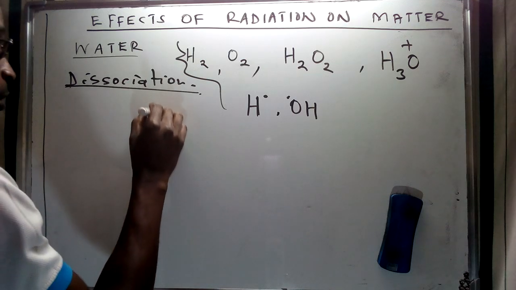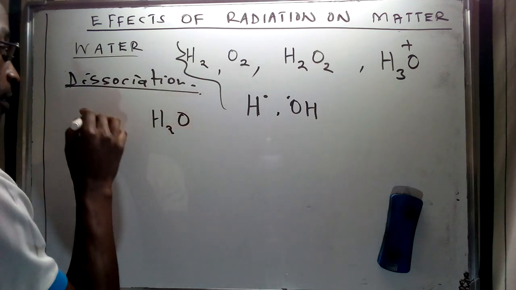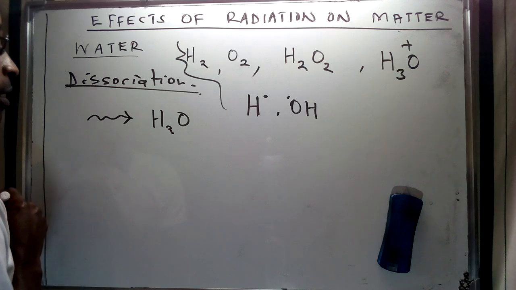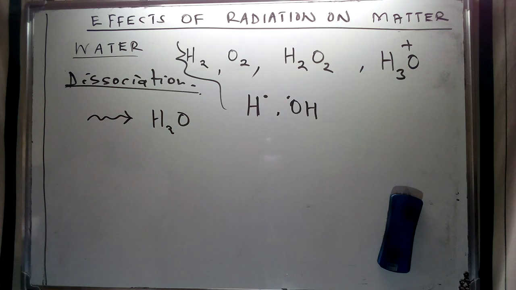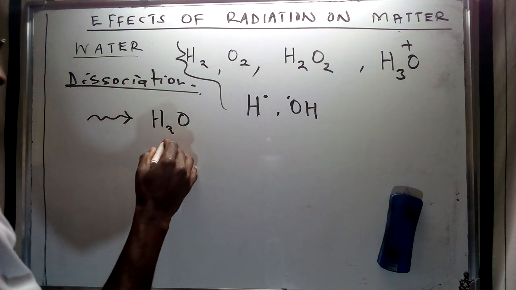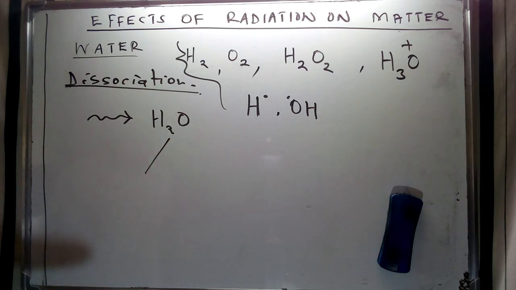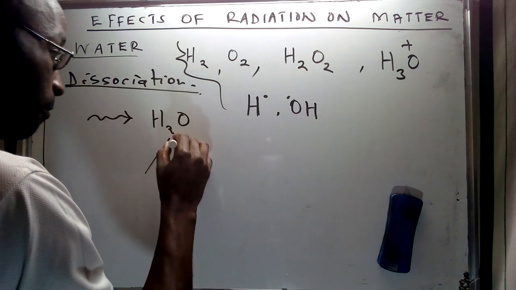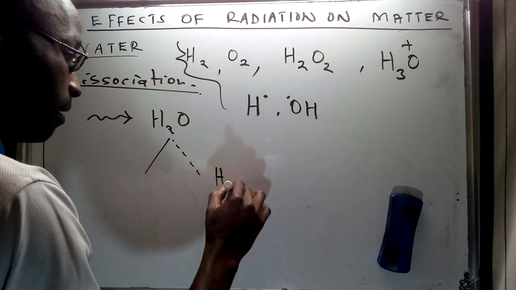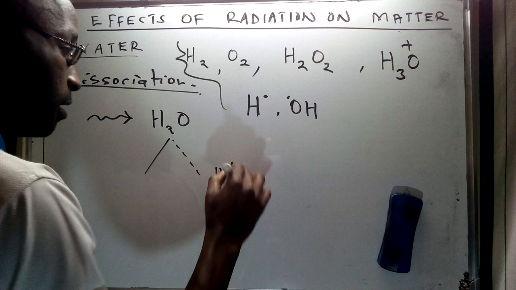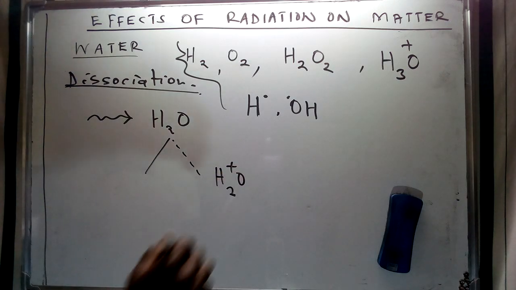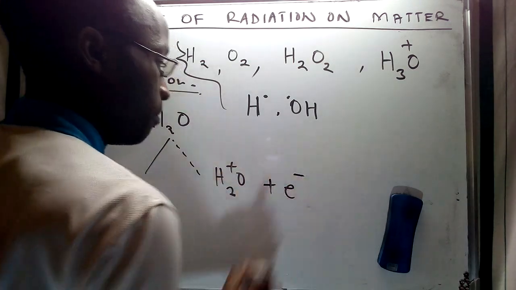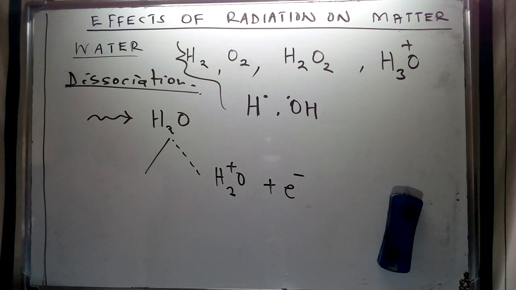So if we have a water molecule and there's an incident radiation, this is going to result in the formation of various constituents of water, such as this specific charged particle, accompanied by an electron.